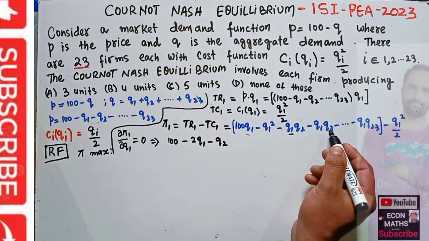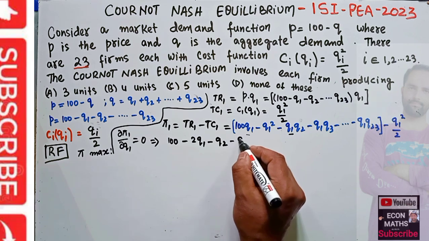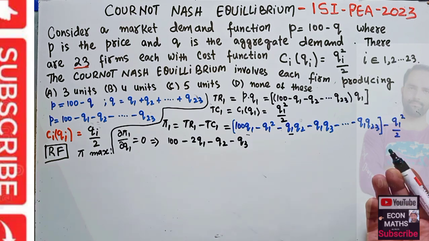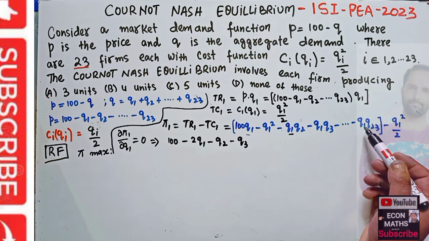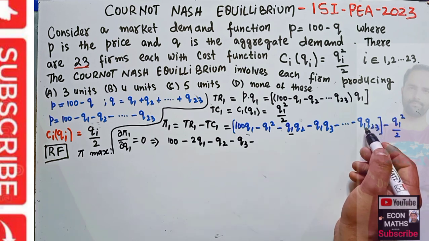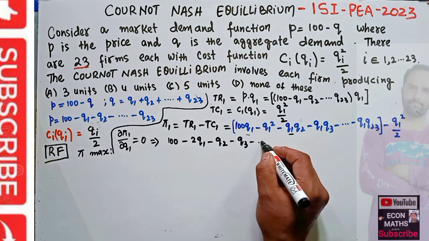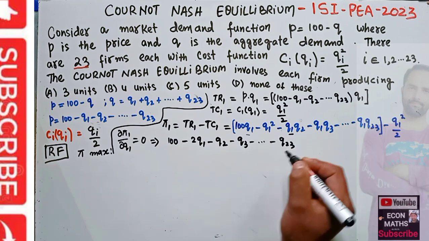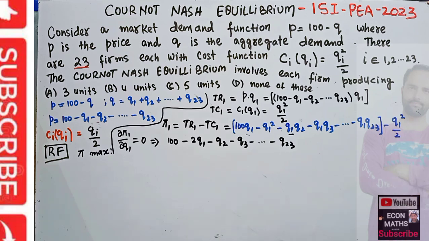Here also the derivative of Q1 is 1, we are left with Q3, and this is true for all firms up to Q23. Then we have this cost function.